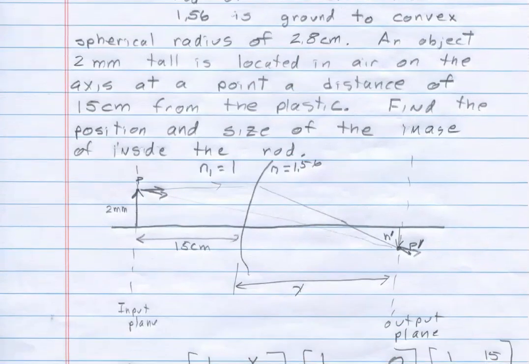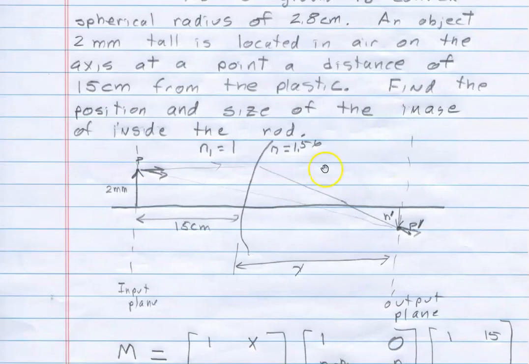We've actually done this problem early on. And what you find is that in this particular system, the parallel light goes through the secondary focal point, and a light ray straight through to the center will pass straight through undeflected, and where they intersect gives me the image of this arrow over here.